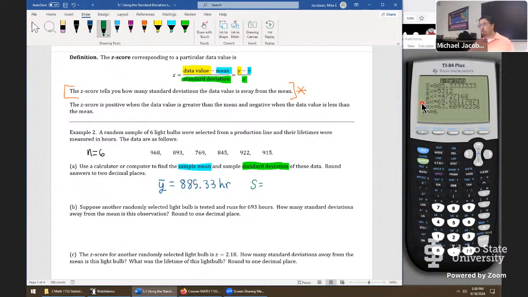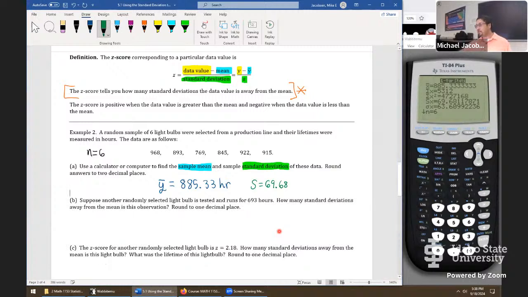So s or x, or it'd be s_y if you wanted the extra symbol, comes out as 69.68. So we have our summary statistics. That means we can use a formula like this above for a z-score. So with those down, that's kind of the review portion of what we did on exam 1.